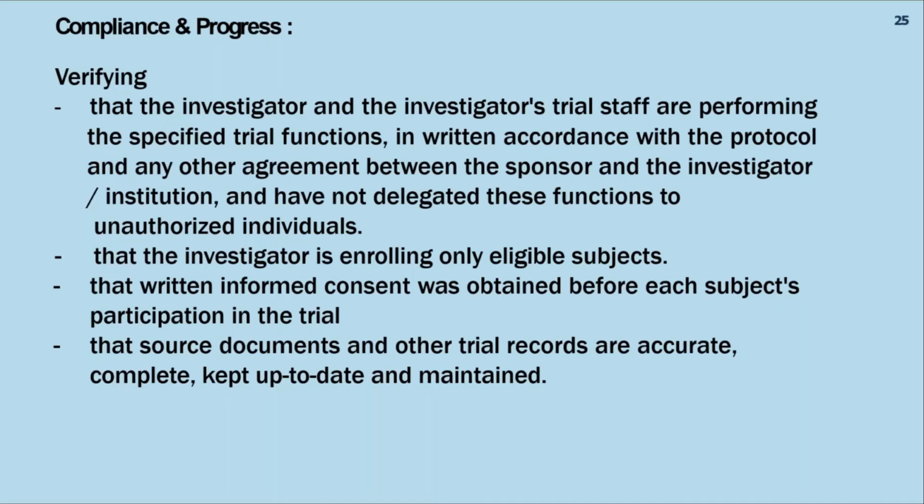Eligibility criteria will be defined in the protocol. According to protocol only, we'll determine the eligibility criteria. Eligibility criteria includes two categories: inclusion, exclusion. While recruiting the subjects, we definitely follow that criteria. The CRA will verify whether investigator is following the criteria while recruiting the subjects.